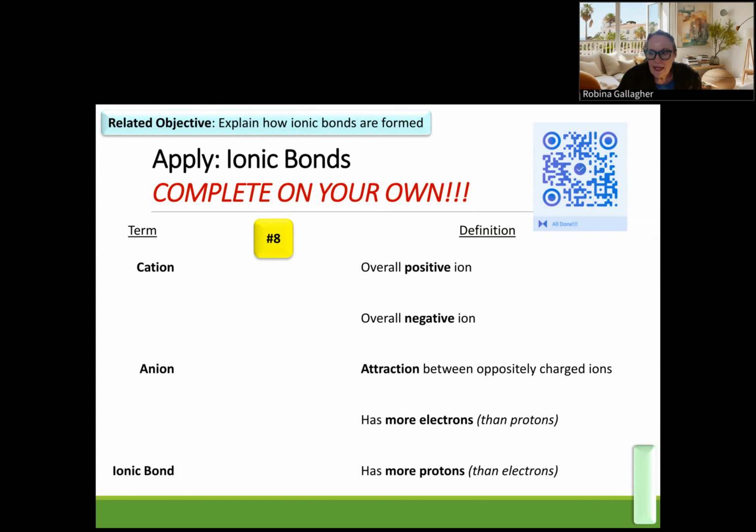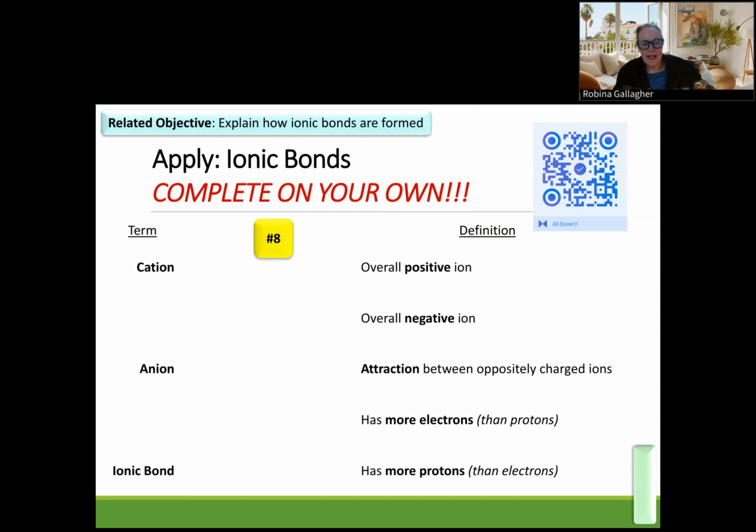So this is matching. Okay. And it's complete on your own. Remember, what is a positive ion called? What is a negative ion called? What is that bond when it's an attraction between oppositely charged ions?